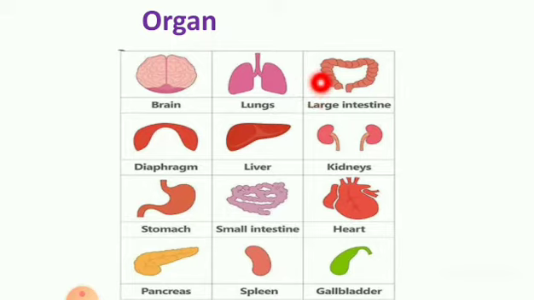Let us see the intestine. The intestine is made of epithelial tissue. What is the role of epithelial tissue? Epithelial tissue is for protection, isn't it? Yes. The inner lining helps in enzyme secretion and nutrient absorption.